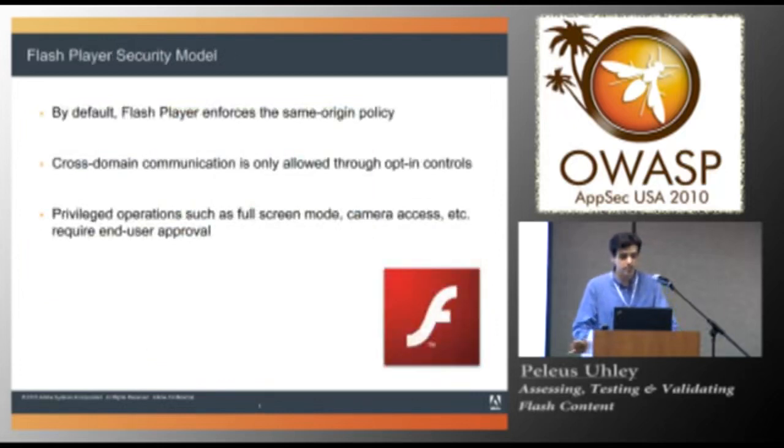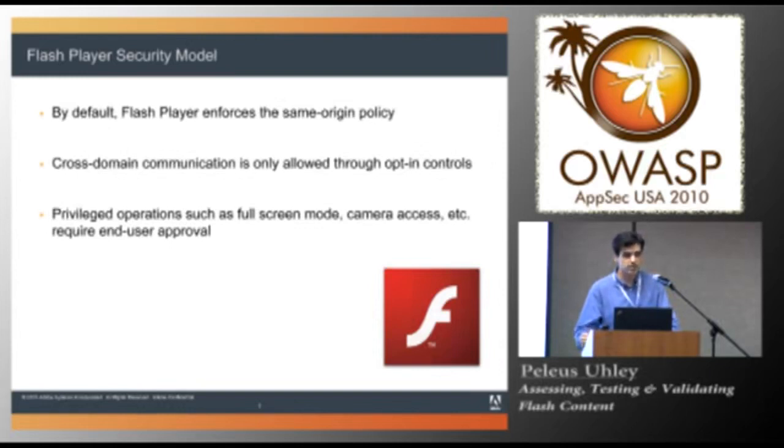But at the end of the day, a lot of this can get summarized down into basically three basic concepts. By default, Flash Player will enforce the same origin policy. We don't try to break the web browser security model. We enforce the same origin policy, and we try to give consistent behavior that you would get with the web browser. In places where we do allow the content to extend itself past the same origin policy or past the browser, in those cases we have opt-in controls.